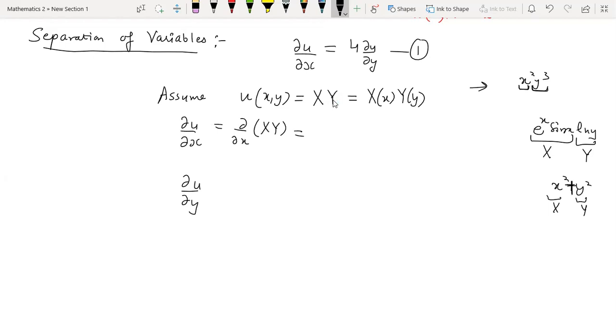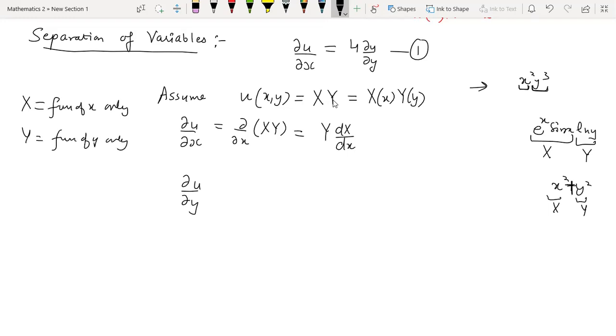So here you can use the product rule. The product rule is going to give you Y into dX by dx, and that's it, because capital Y is only a function of y, it will not be differentiated. X will be differentiated with respect to small x, Y will not be differentiated because Y is not dependent upon x. Capital X is only a function of x and capital Y is a function of y.